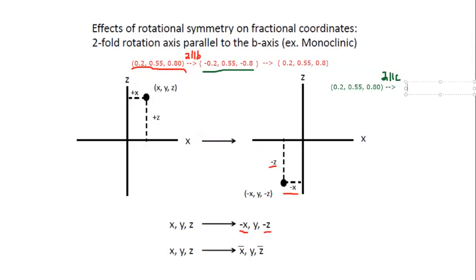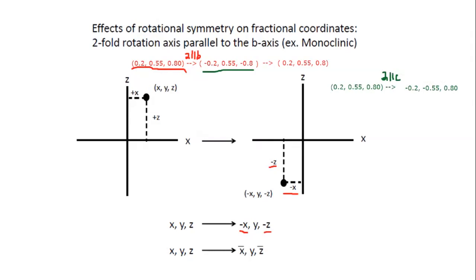So since we're parallel to the c axis, the z value does not change. So then it would be negative 0.2, negative 0.55, 0.8. So again, whatever axis you're parallel to, that coordinate doesn't change sign.